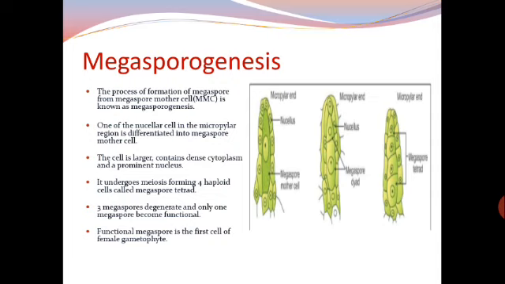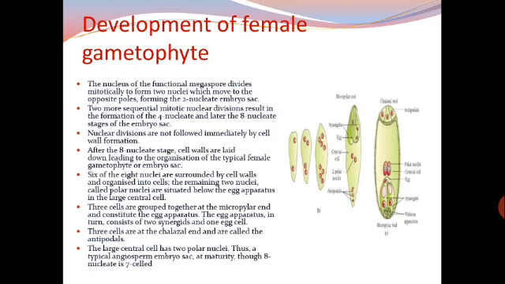So one of the nucellar cells at the micropylar region is differentiated as the megaspore mother cell, which will undergo meiosis and form 4 haploid cells called the megaspore tetrad, of which 3 will degenerate and 1 remains functional, which will later develop into the female gametophyte. Very important again. Now, how this female gametophyte develops, we have to study.